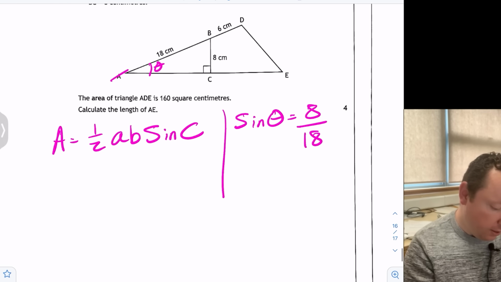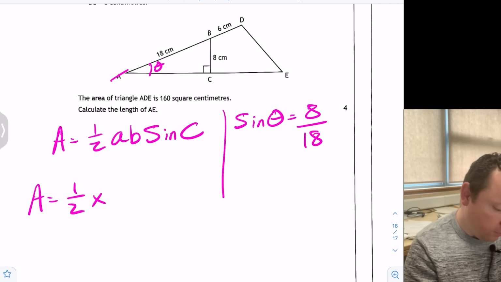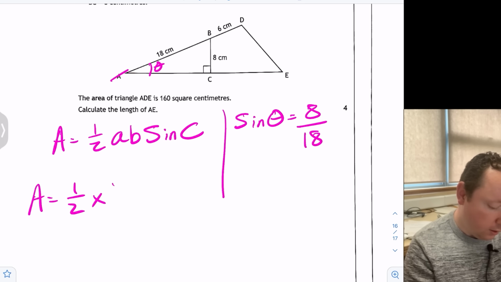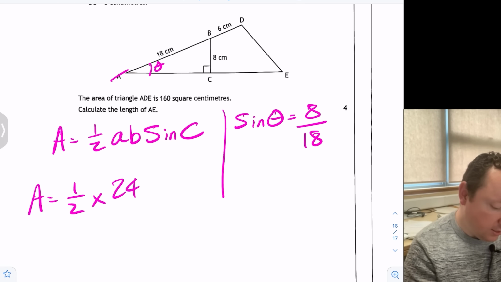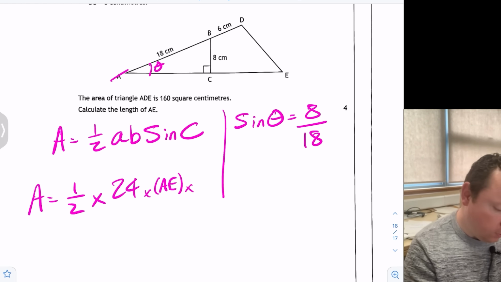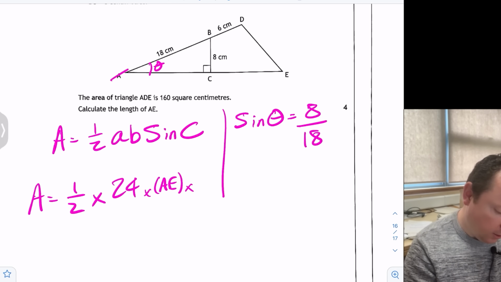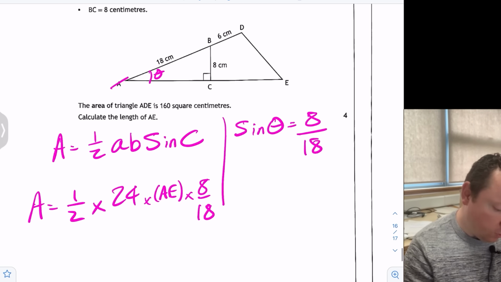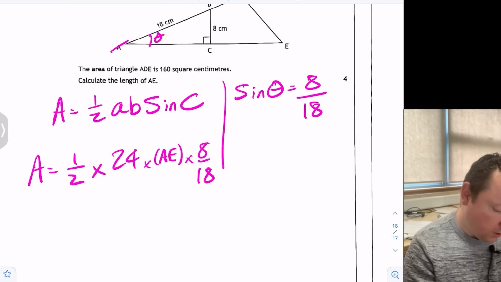So that means our area is equal to a half times this length, 18 and 6 is 24, times this length, which is A to E, I'll just call that AE for clarity, times our sine of the angle in between, which is 8 over 18. But remember, our area is 160. So a half of 24 is 12.